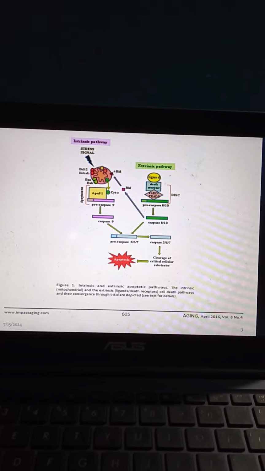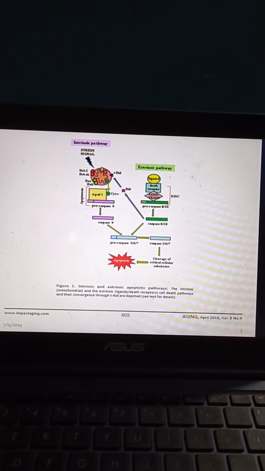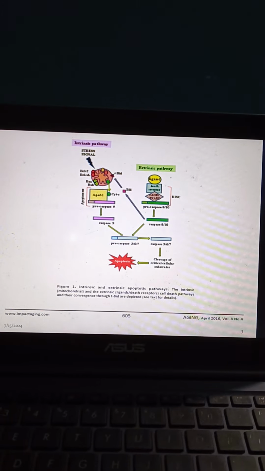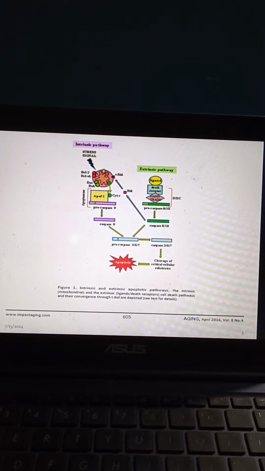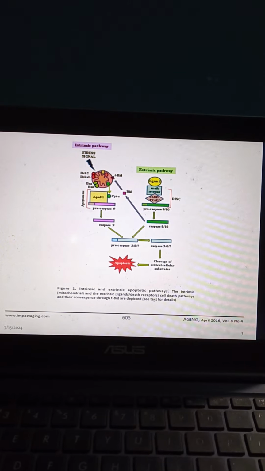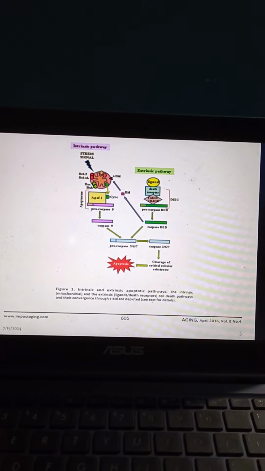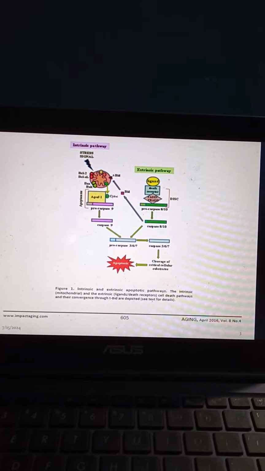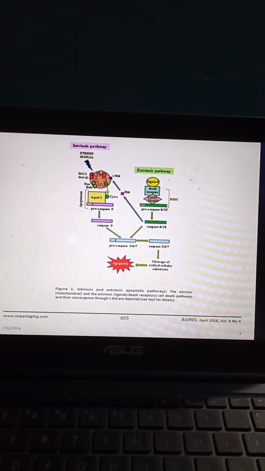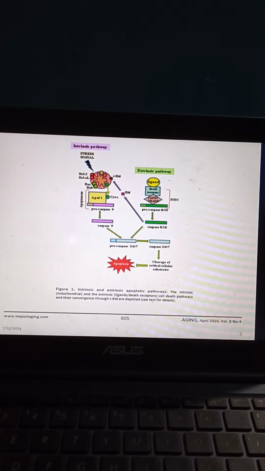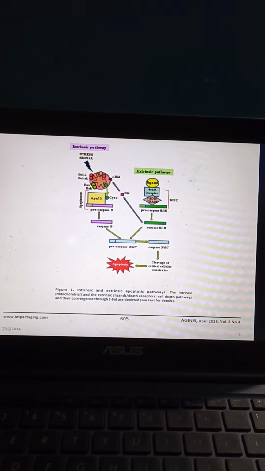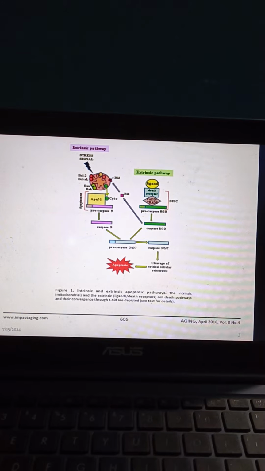Procaspase 9 will activate caspase 9, then procaspases 3, 6, 7 will be activated, and BID and also procaspases 3, 6, 7 then activate caspase 8, 10, and caspase 8, 10 will activate BID, and then the intrinsic pathway continues.